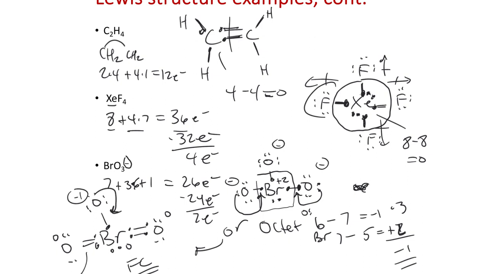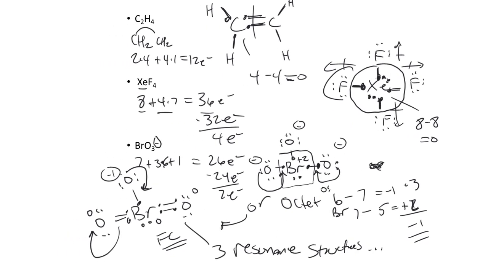So if we ask the question, are all the bonds identical in length in bromate? The answer is yes, no matter which Lewis structure you're looking at. So we would have resonance here. So we'd have 3 resonance structures. And then all the bonds in BrO3 minus would be equal in length.